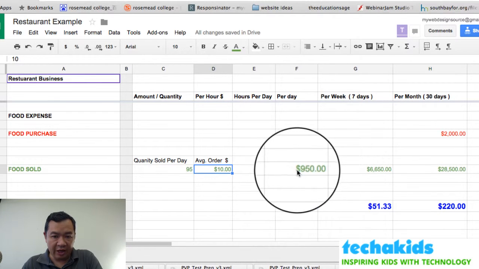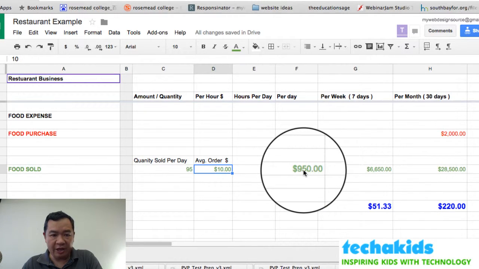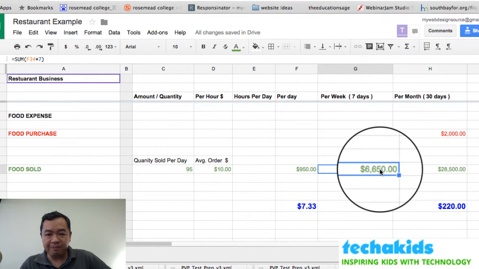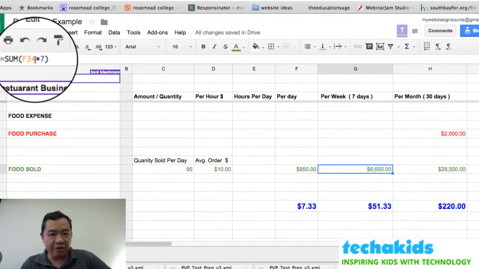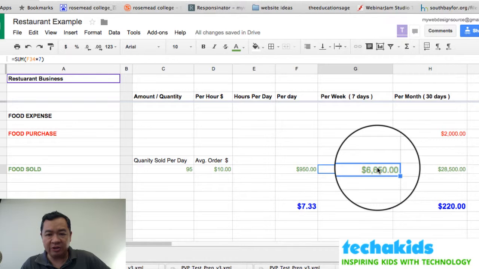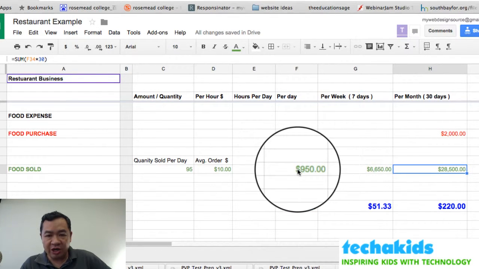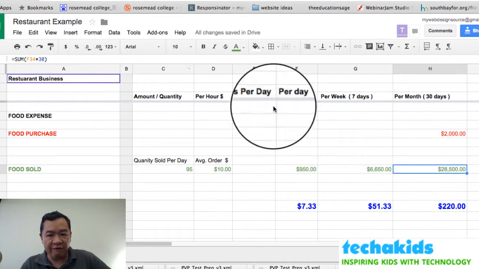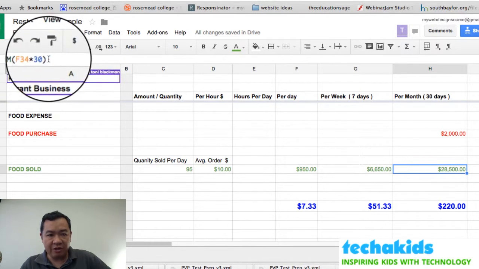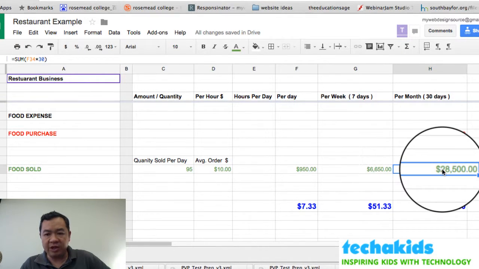So per day you would be getting in your cash register supposedly $950. Multiplied by 7, it's right here, F34 times 7, you come up with around 6,600. Multiply that each day. Here's the calculation: F34 multiplied by 30 days, that's 28,000.